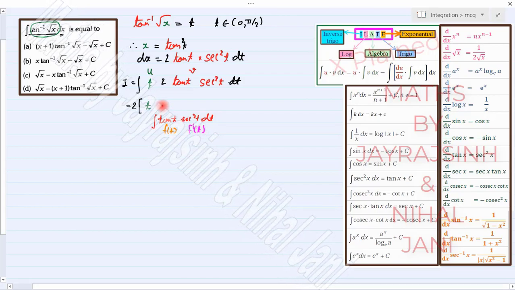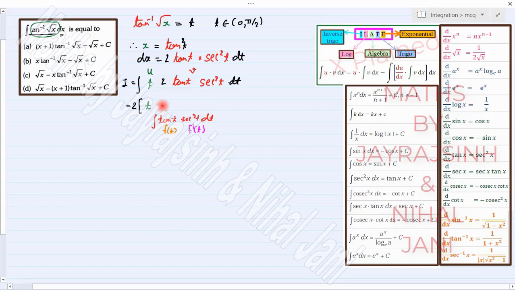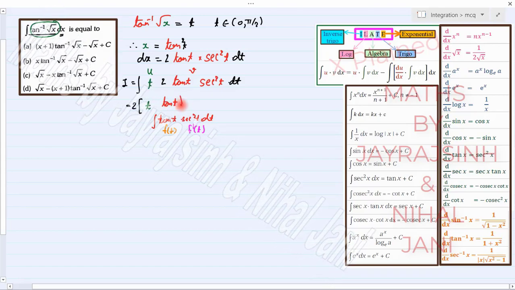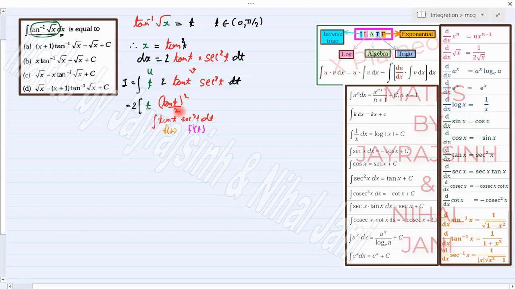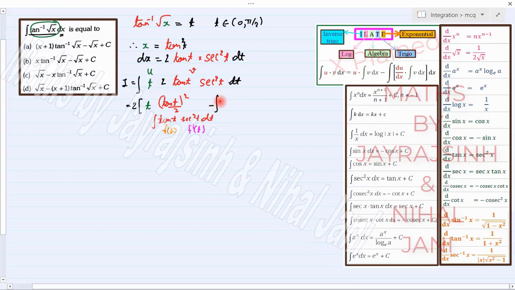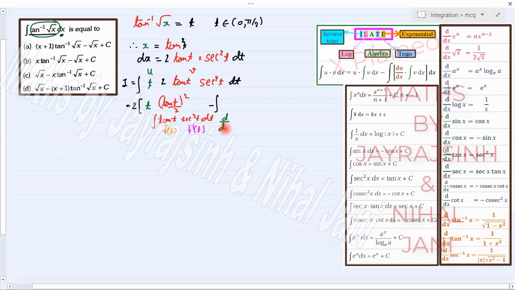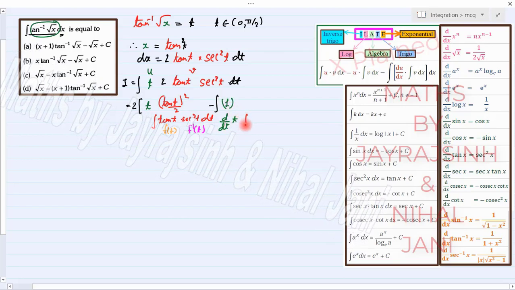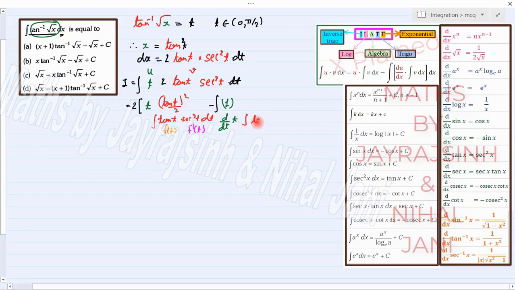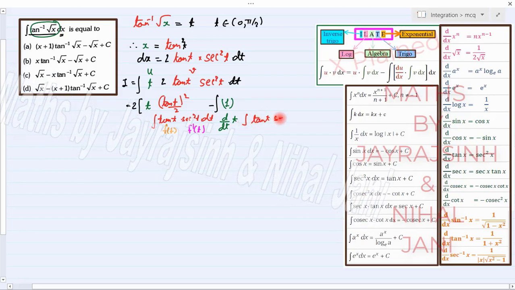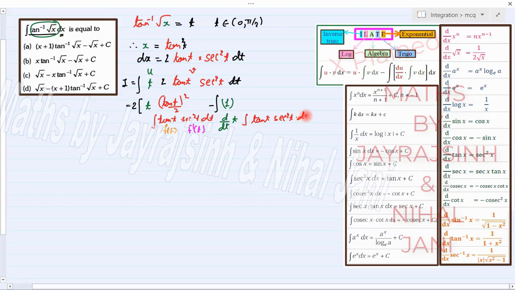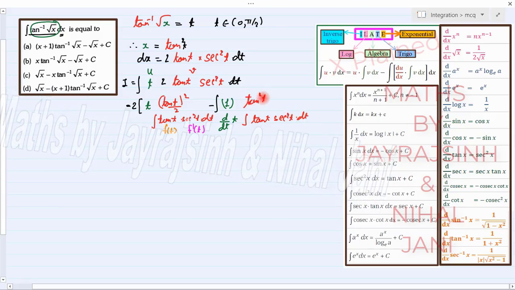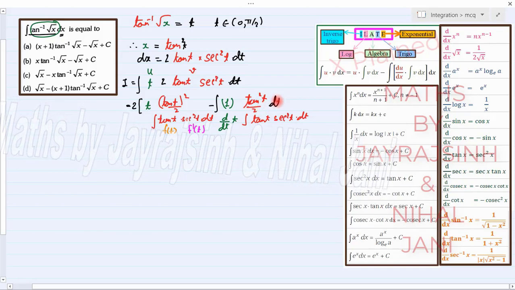So its integration will be (f dash t) the whole square by 2, or we can say (tan t) the whole square by 2, minus the integration of the differentiation of u, which is t, so it will be 1, and the integration of v, which is again tan t into sec square t, so it will be tan square t by 2 dt.